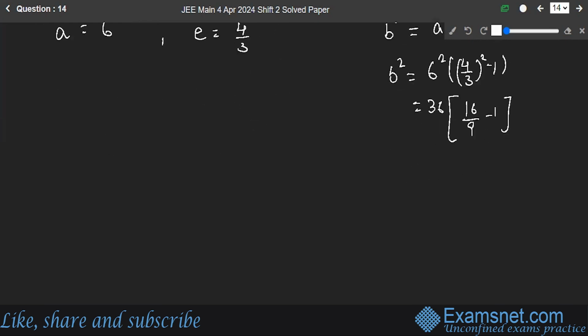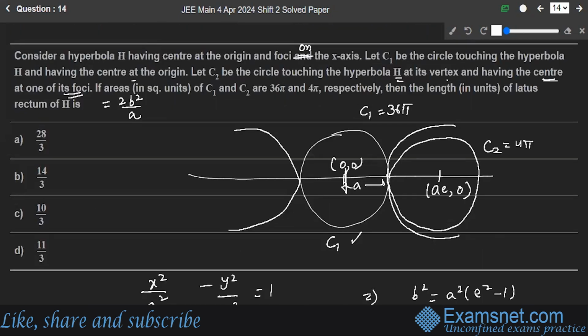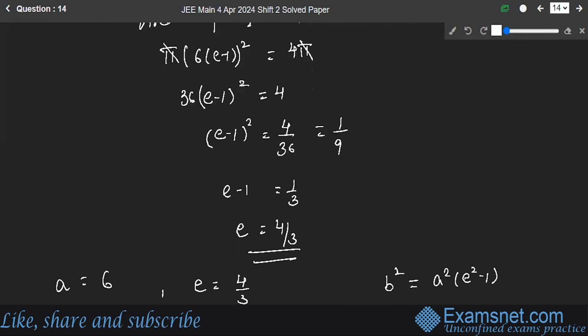So this is equal to 36 into 7 upon 9. So you have b square as 28. Let it be like this only because I want to find out the length of the latus rectum, and this is given by 2b square upon a.